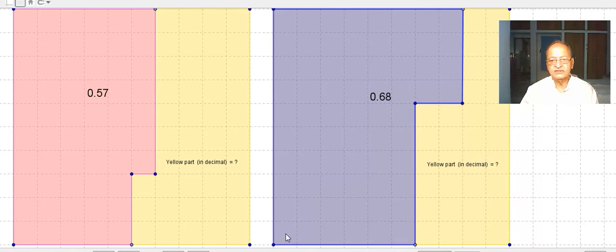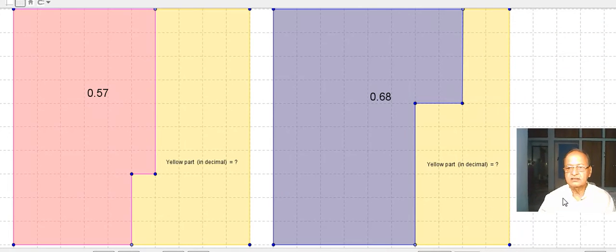It is clearly visible here: 1, 2, 3, 4, 5, 6, so 60, and then 8 more. So 68 out of 100, 1 unit, so 68 by 100 is 0.68. You can do the remaining yellow portion yourself.